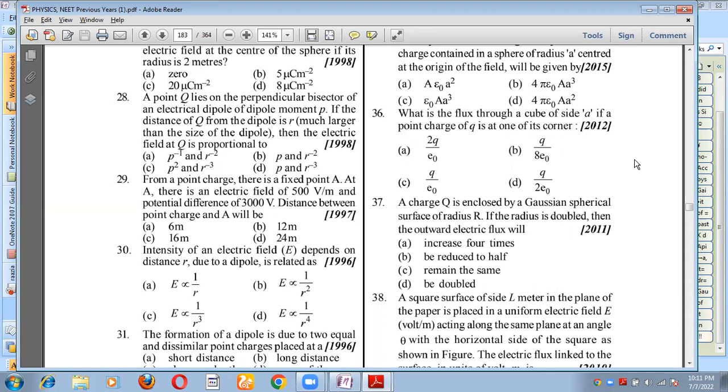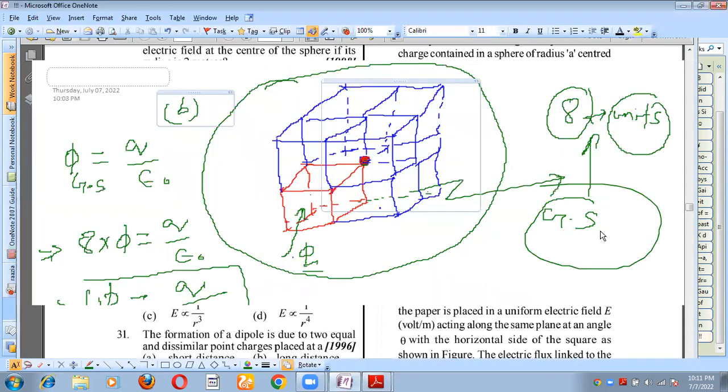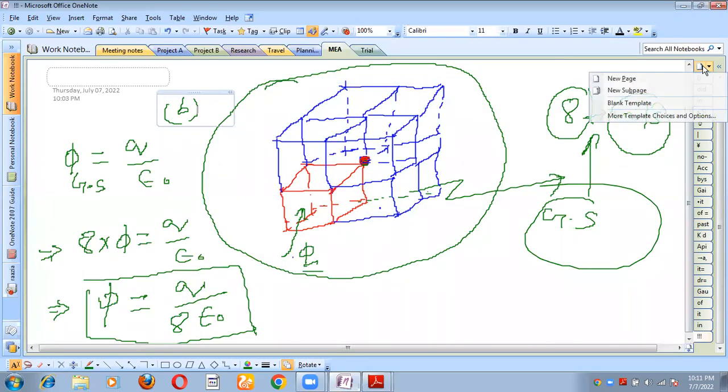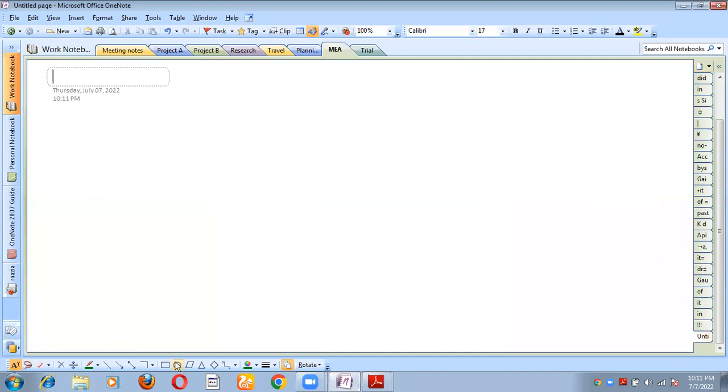Anyone else? Okay, so let us see. According to the question, there is a spherical surface and there is a charge at the center. Suppose the flux through this surface is phi. What is the value of phi? Q by epsilon naught.